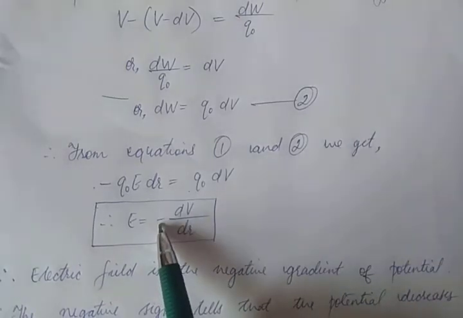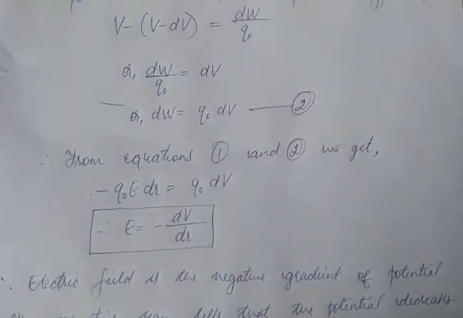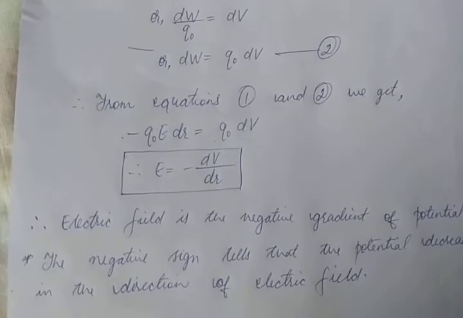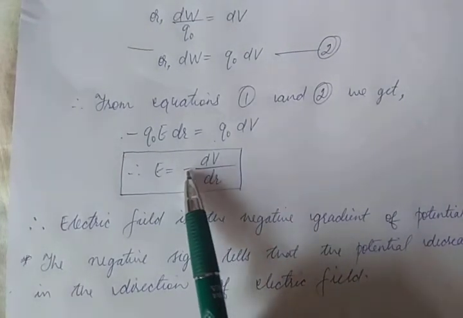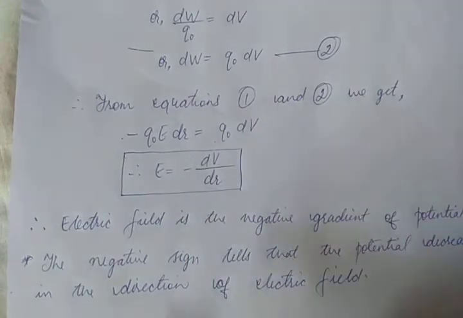This minus sign is telling us that the potential decreases in the direction of the electric field, remember.